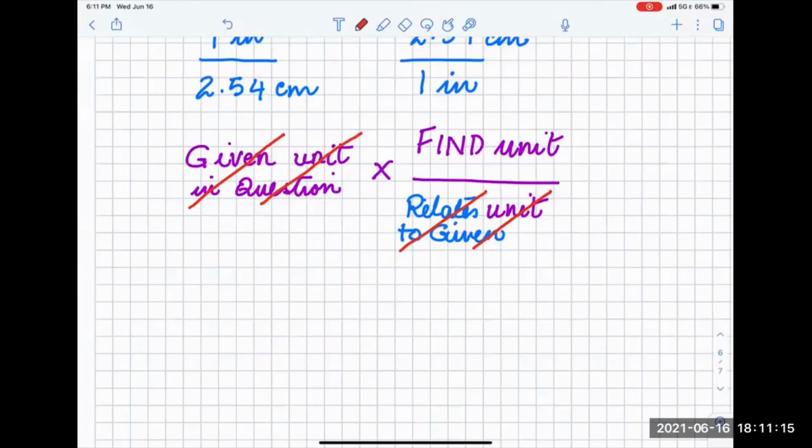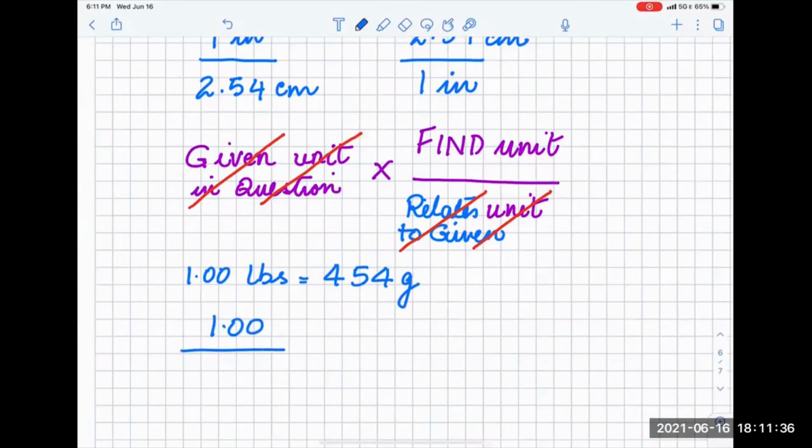Similarly, look at one example here for mass, which is 1.00 pounds. 1.00 pounds is equal to 454 grams. So that's the equality, and the conversion factors are 1.00 pounds over 454 grams, or 454 grams over 1.00 pounds.